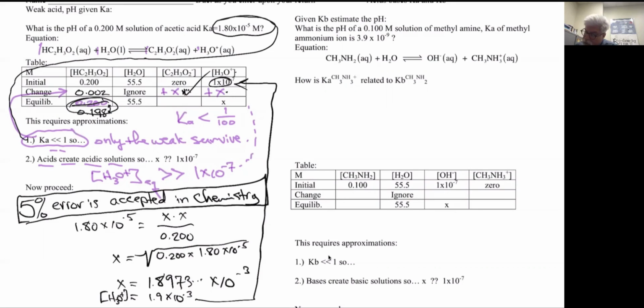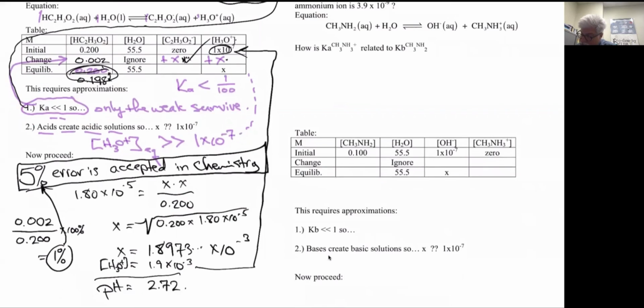So I notice here that 0.002 is 1%. 1% of my acid has dissociated. That is less than 5%. This is a completely acceptable answer to the question, what is the pH of the solution?